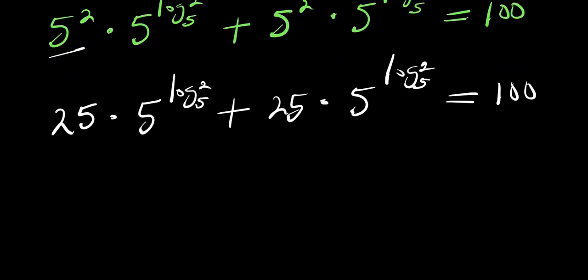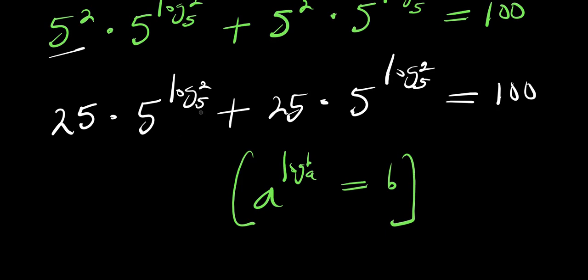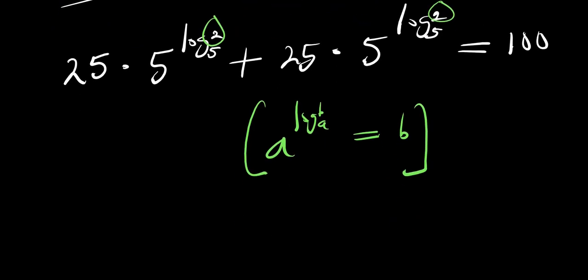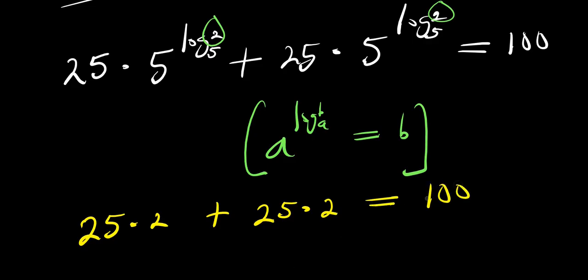So the next step would be, if you have a^(log b to the base of a), this equals b. That means we have 2 here, we have 2 here. So what we are going to have will simply be 25 times 2 plus 25 times 2 equals 100.